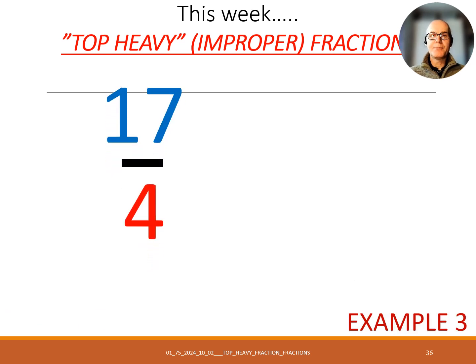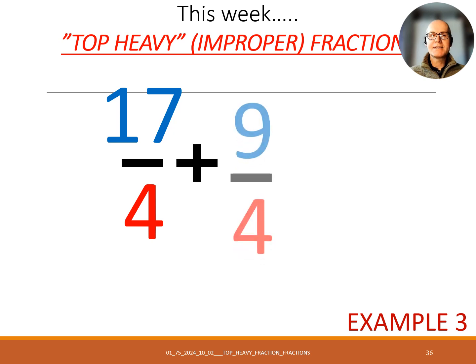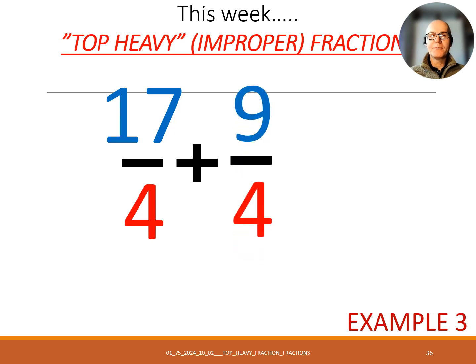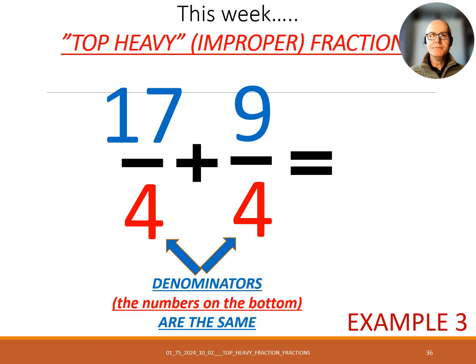Let's look at another example. 17 over 4 plus 9 over 4. What does that equal? Denominators are the same, it's quarters, fourths, so we don't need to change the denominators.